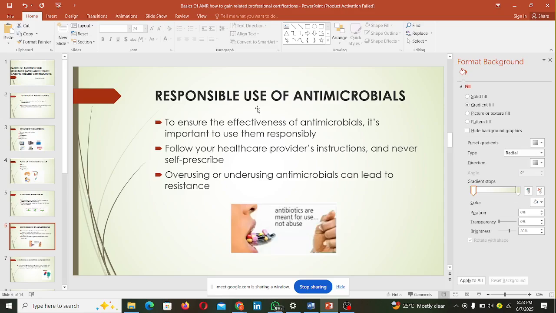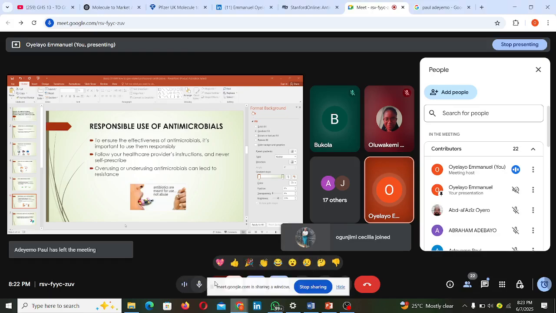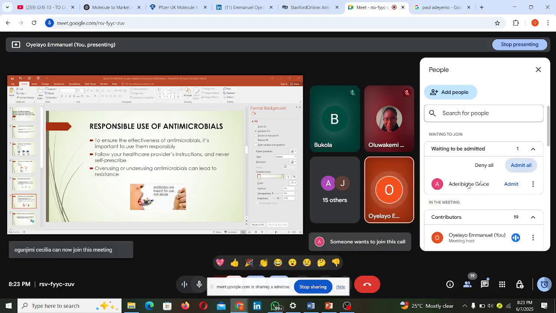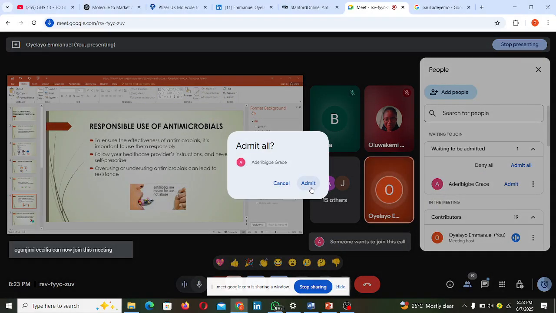To ensure the effectiveness of antimicrobials, it's important to use them responsibly. They used to say drink responsibly. You see, one principle about the world is that anything that is too much or in excess surely leads to harm. And if something is too low, it also leads to harm. So there must be moderation. That's one thing about antimicrobials.